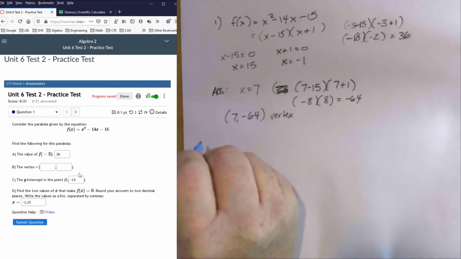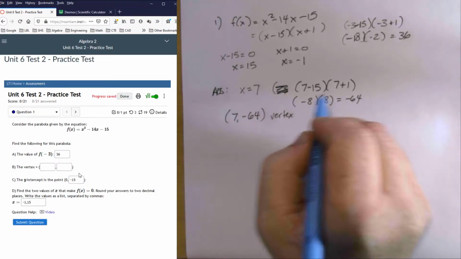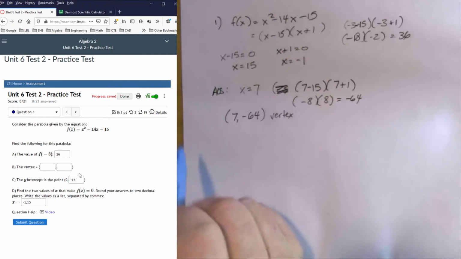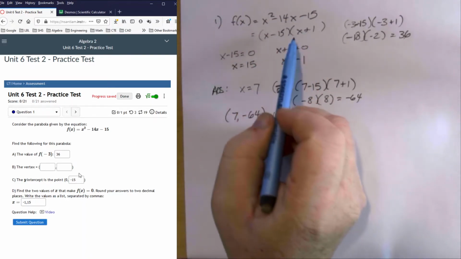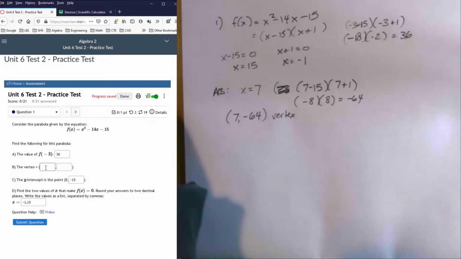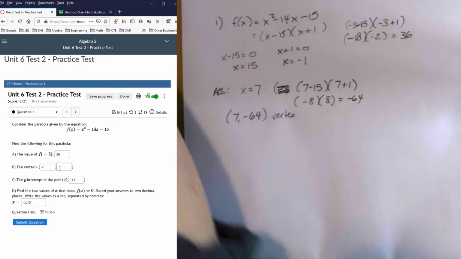And the way I got that 64 was I just plugged in 7 into my function. And I plugged it into the factored form because that's a little easier to calculate than squaring those numbers and so forth. All right, so that's one way to do it. So I have a vertex at 7, negative 64.